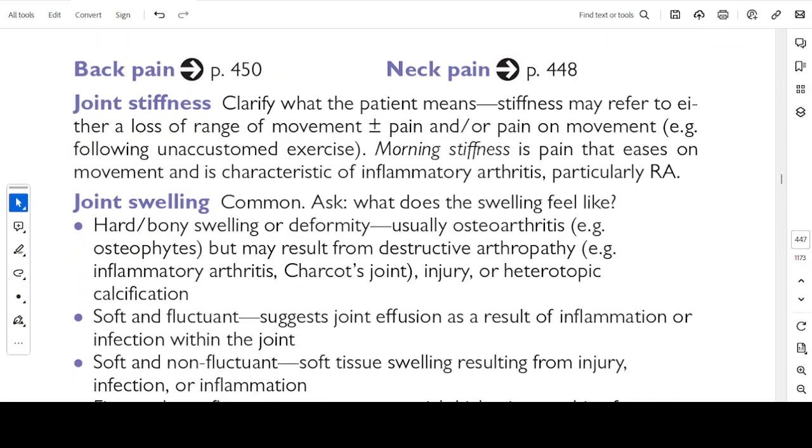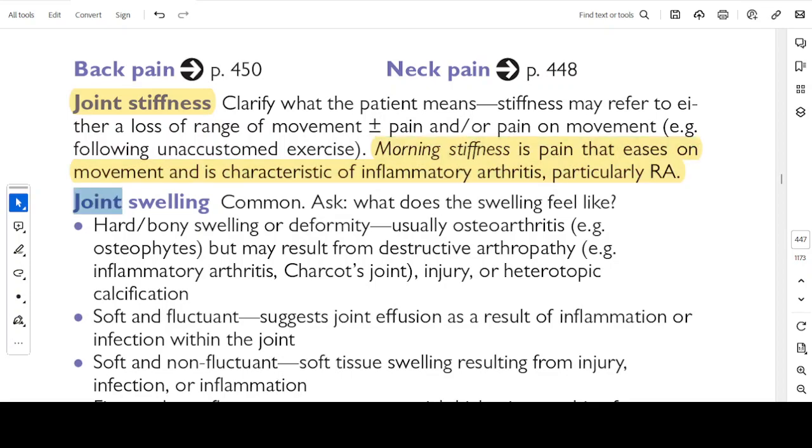Back pain, neck pain, joint stiffness. Clarify what the patient means by stiffness. Stiffness may refer to either a loss of range of movement plus pain or pain on movement, for example following unaccustomed exercise. Morning stiffness is a pain that eases on movement and is characteristic of inflammatory arthritis, particularly rheumatoid arthritis.